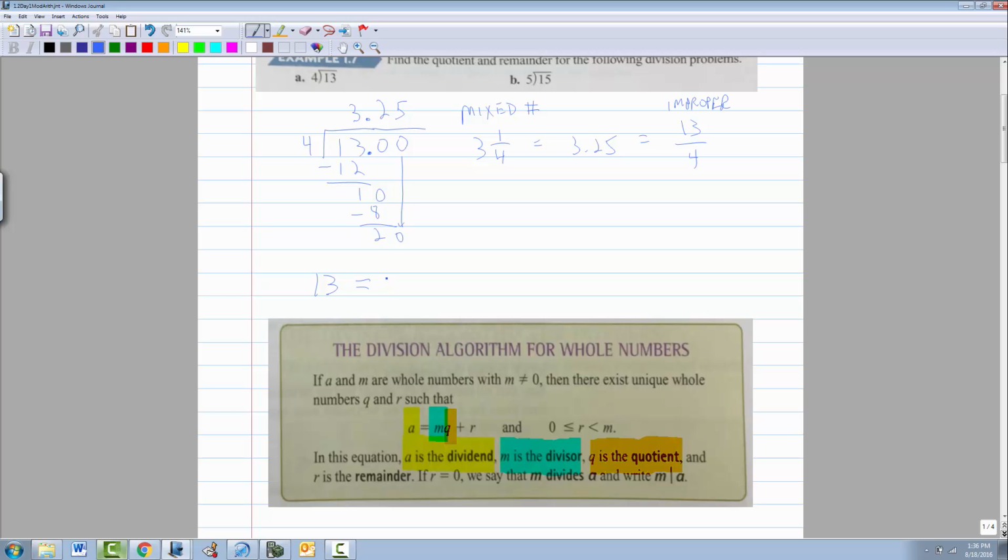Doesn't that equal the divisor times the quotient? By the way, what's 4 times 3? 12 plus 1. And then what I'll do is I'll go back and highlight this in the appropriate colors that I highlighted down there. Sometimes color coding works as well. Is this something we're going to have memorized? No, but it's common sense, that this is true the way they wrote this.